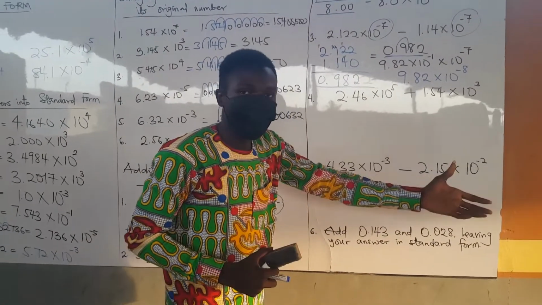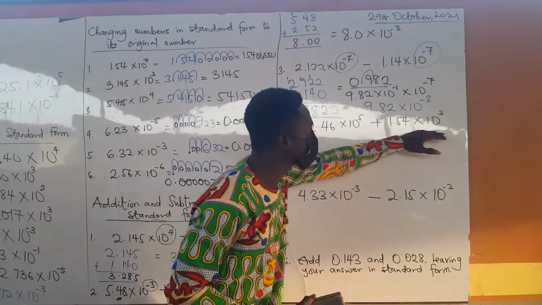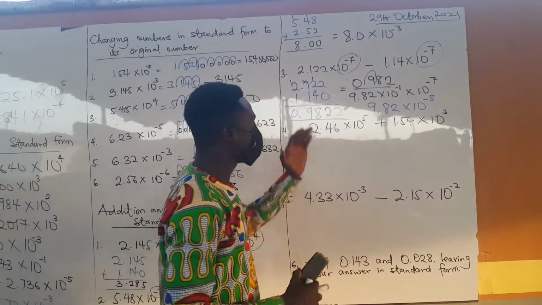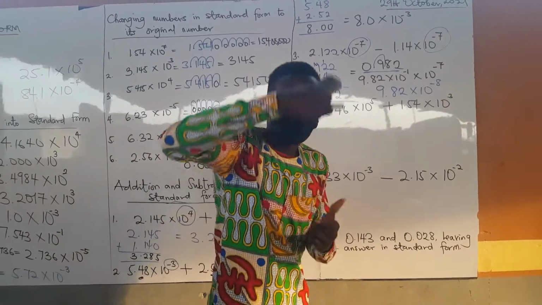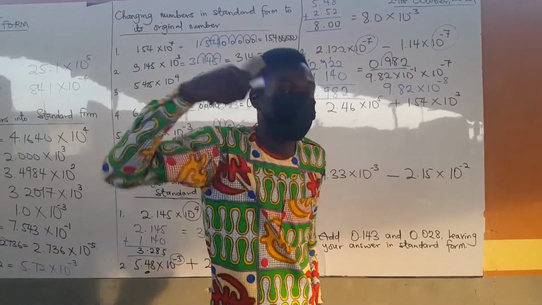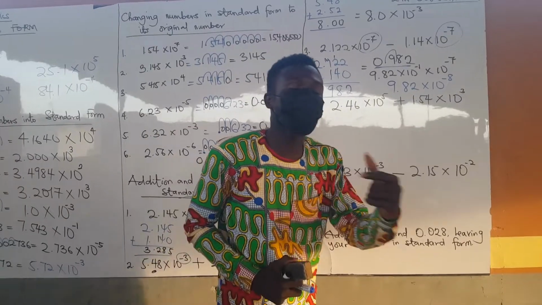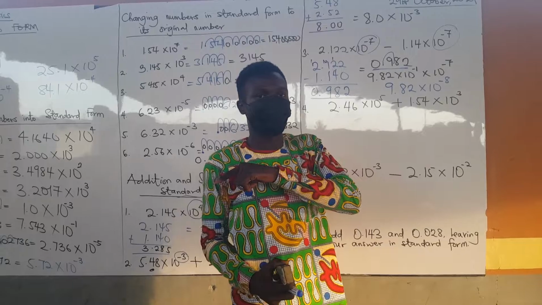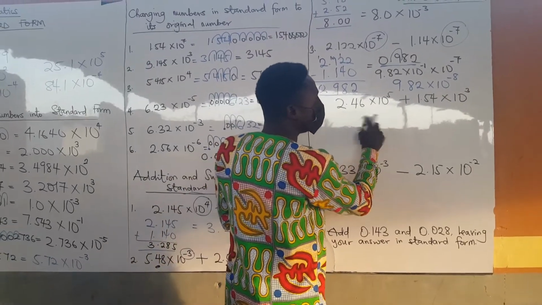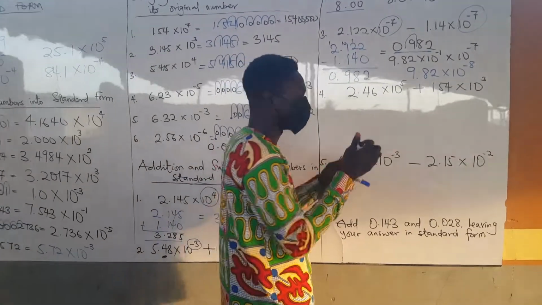Now what will you do if the powers of 10 are not the same? If the powers of 10 are not the same, change each number into its original number, perform the operation, and change it back into standard form. So I'll change this number into its original.